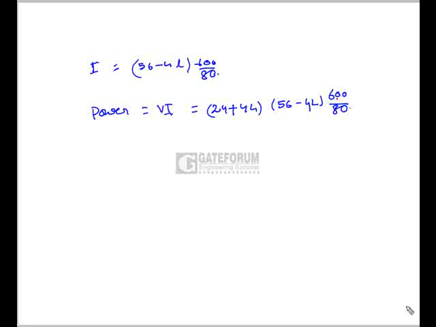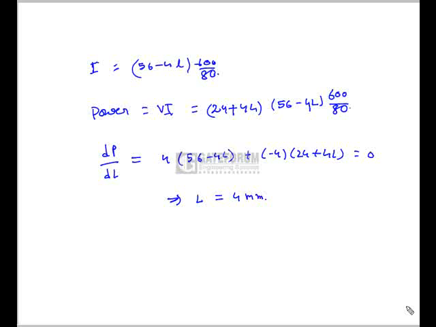Here we will have to calculate the optimum arc length. The optimum length can be obtained from the maximum power condition, by differentiating the power with respect to the length, dP by dL, and equating it to 0. So dP by dL is 4 into (56 minus 4L) minus 4 into (24 plus 4L), equated to 0, so that we get L equal to 4 mm.